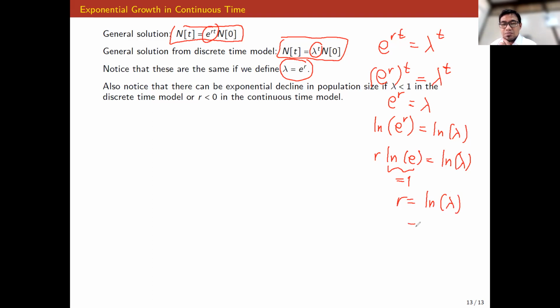So if you have lambda equal to 4.87, what will you have for r? Can you please calculate? r is ln of 4.87. Please, can you use your calculator? What is ln 4.87?